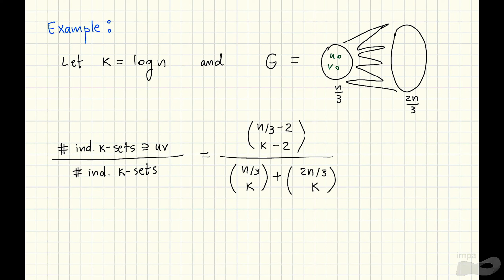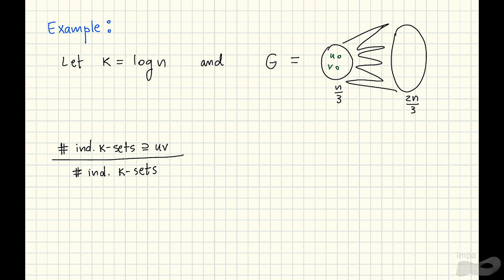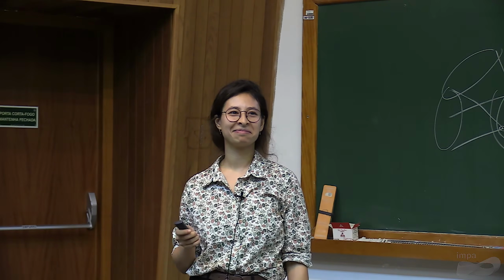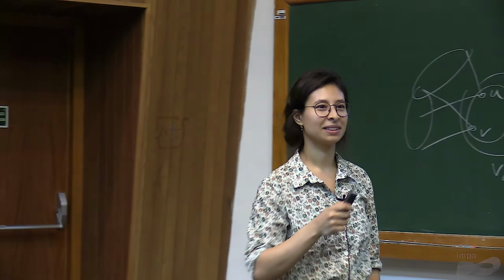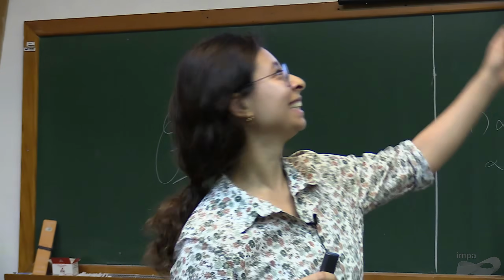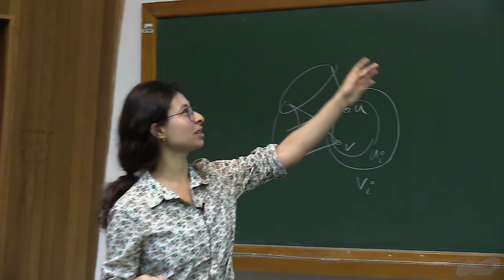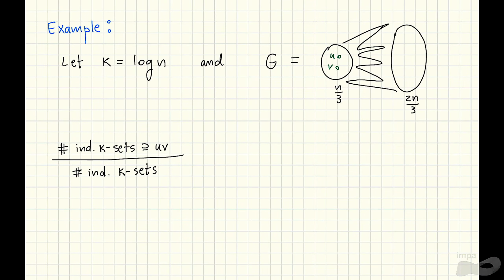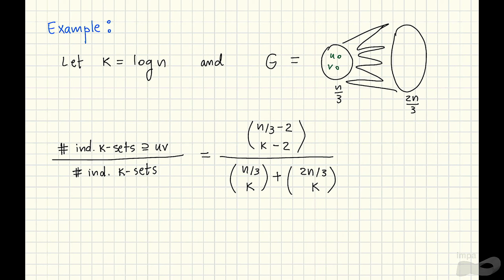Maybe I should ask more questions now. What is the number of independent sets of size k containing UV in this graph? Yeah, exactly. Sets of size k containing the first part. So it is just n over 3 minus 2, choose k minus 2. And then what is the total number of independent sets of size k?